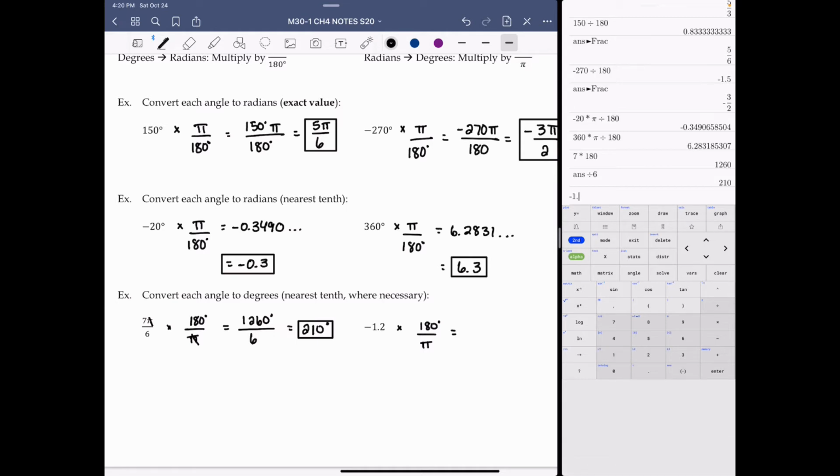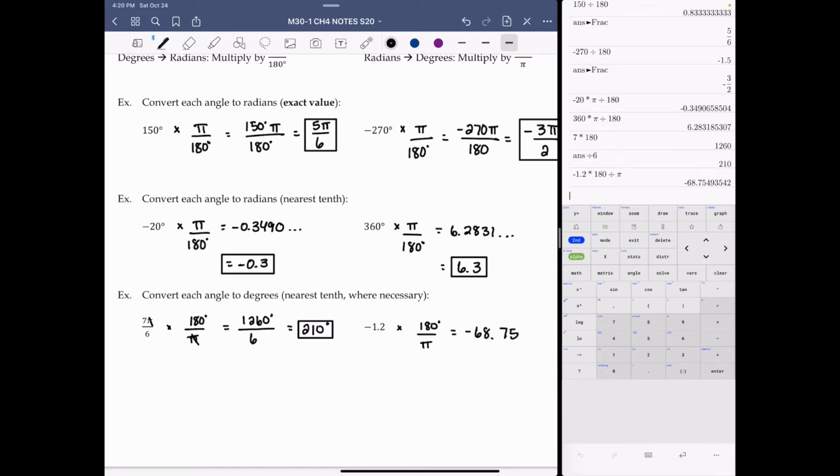Negative 1.2 times 180 divided by pi gives us negative 68.7549 dot dot dot, which gives us negative 68.8 degrees.